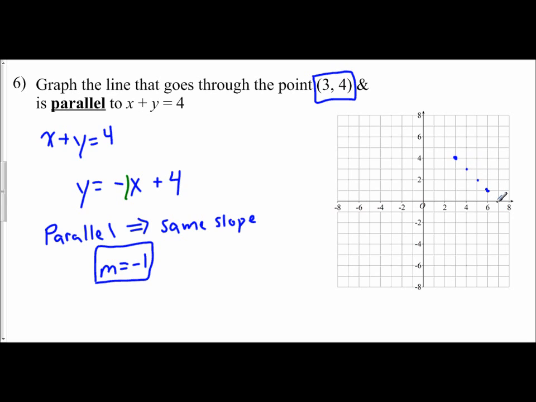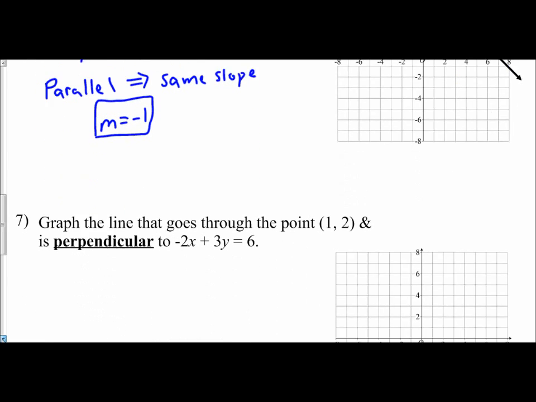I go up 1, left 1, and so on, and then connect those with a line. And so that's parallel. You're given the point, you find the slope by changing to slope-intercept form and applying the definition that parallel lines have the same slope. So let's examine perpendicular lines.